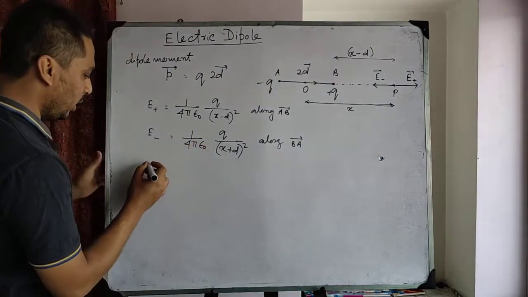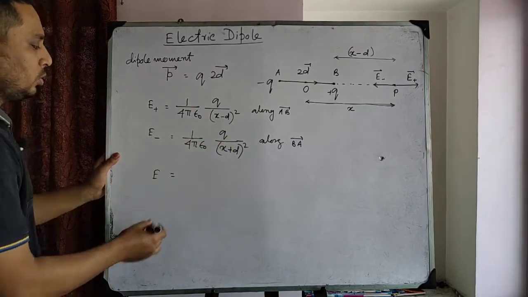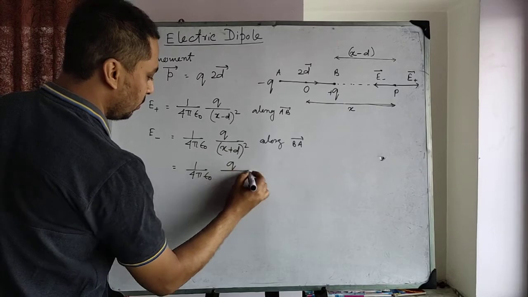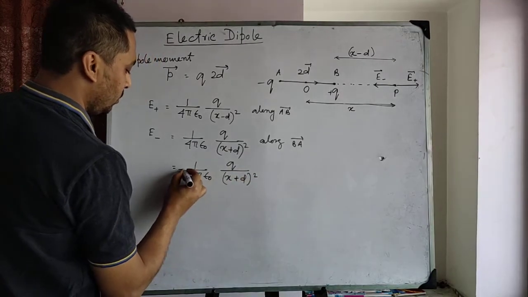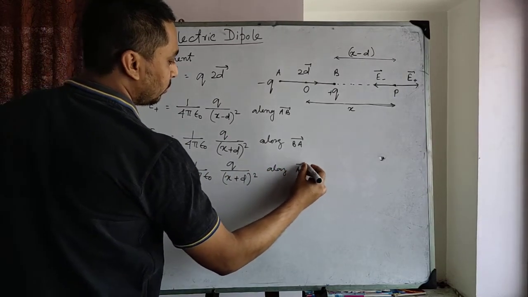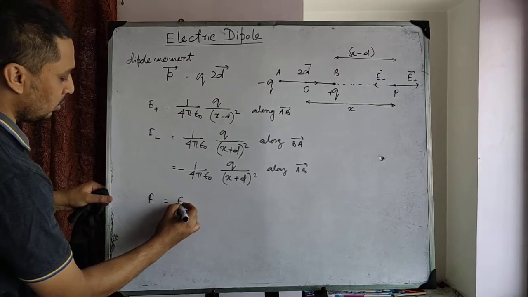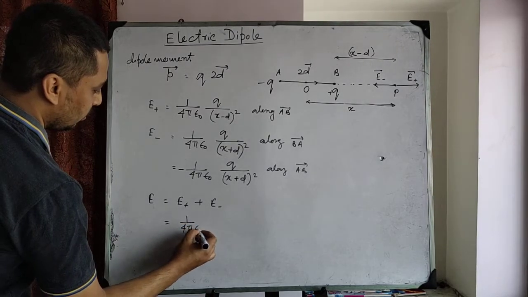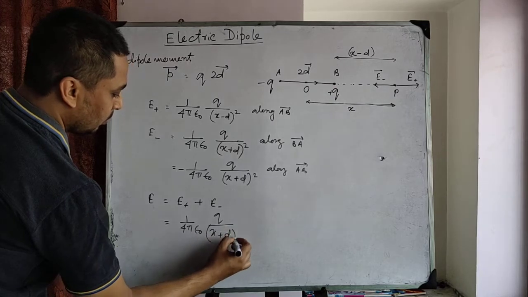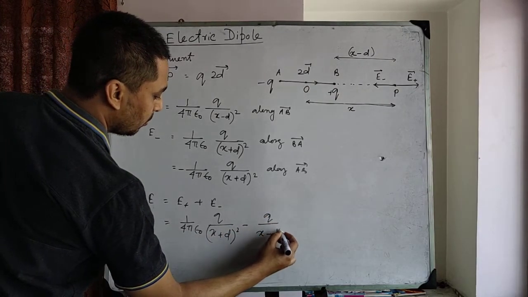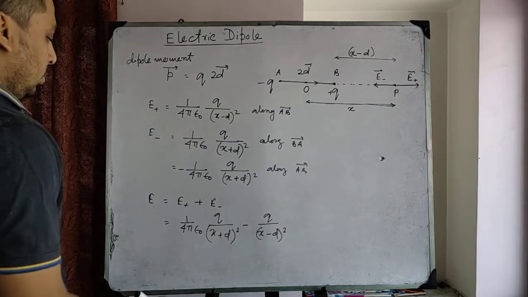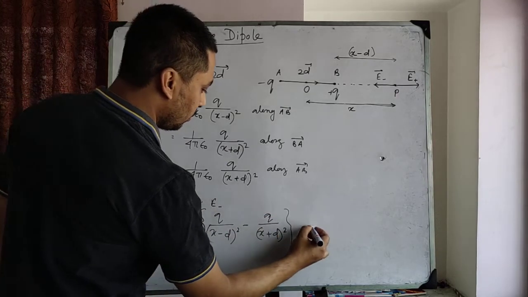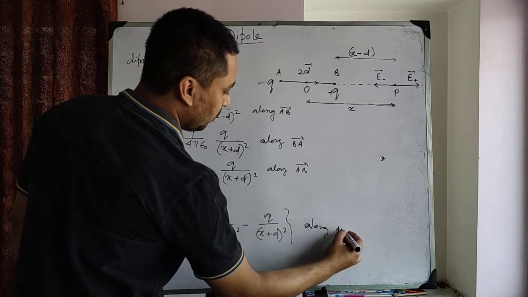So the net electric field E equals E plus minus E minus, along AB.